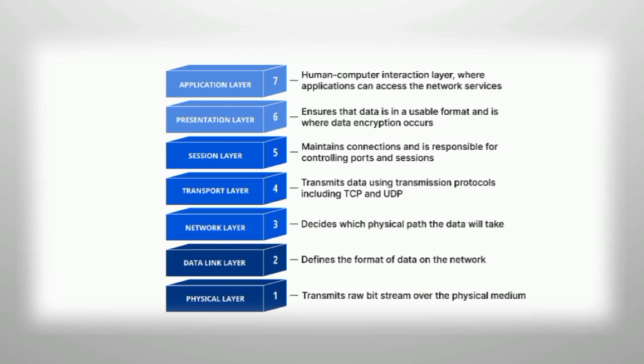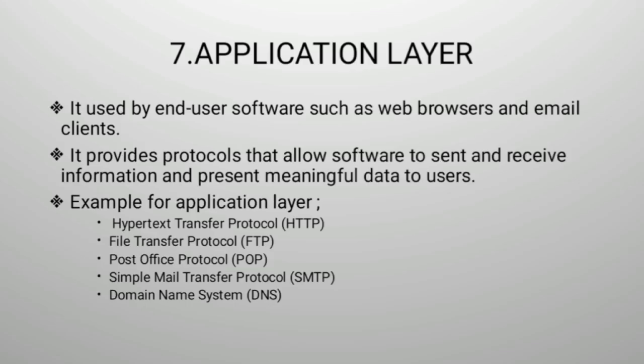Second, the data link layer defines the format of data on the network. First, the physical layer transmits the raw bit stream over the physical medium.